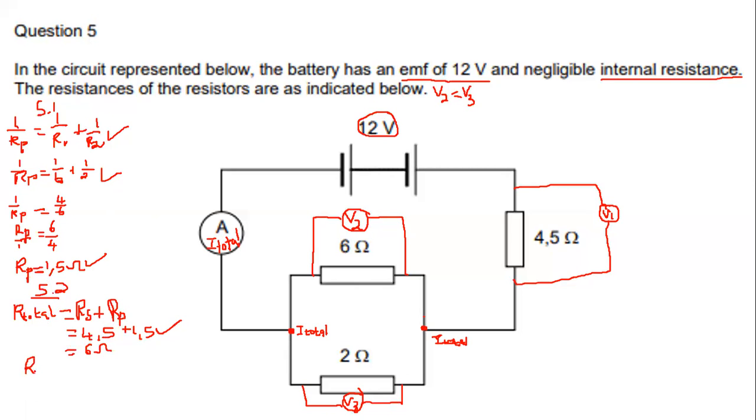Then we say R is equal to, so we take this to a second set of equation where we know that R is equal to V over I. The total resistance of the circuit is 6. The total voltage is 12 over the current altogether.